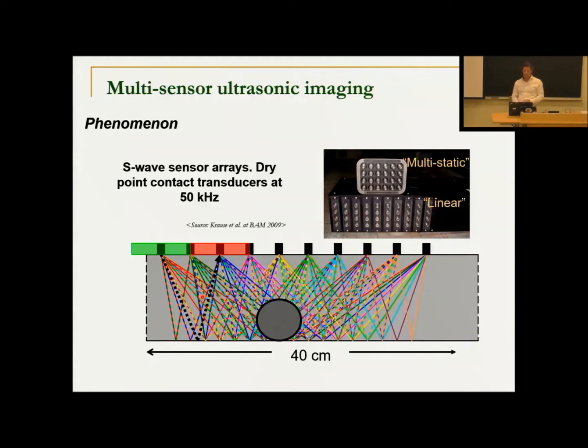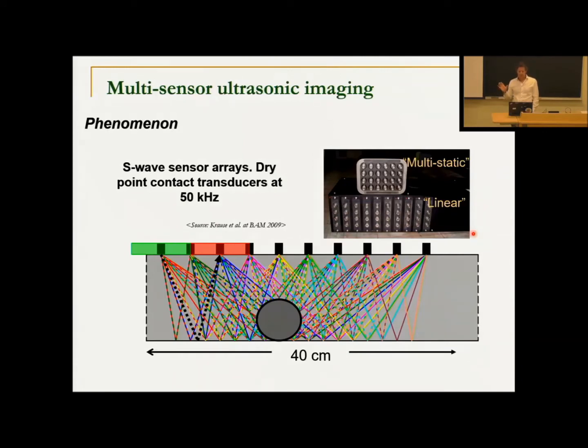And so the idea here, if you look, is that instead of having one sensor, we have an array of sensors. In this case, on the top one, a 4x6 sensor array, and on the bottom one, a 4x12 sensor array set. So each one of these is an individual transducer which can send and receive energy.